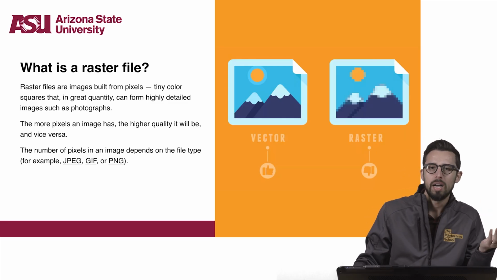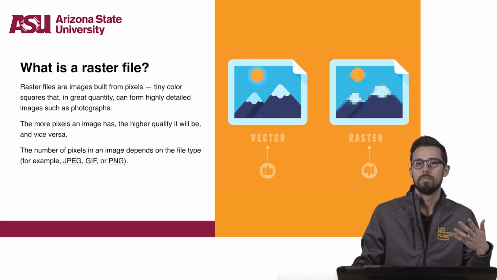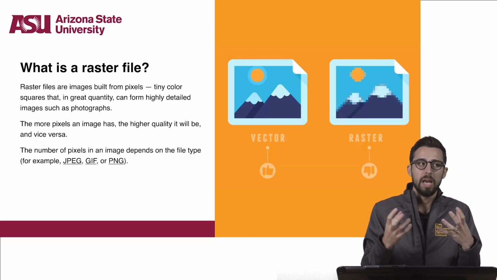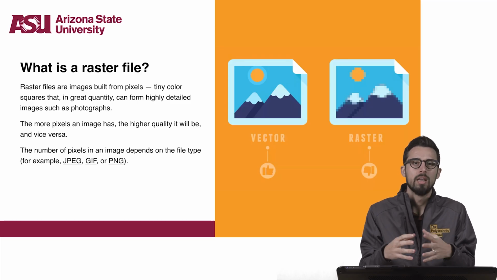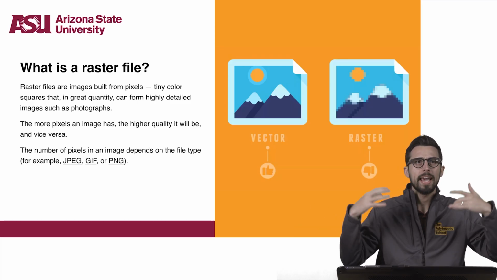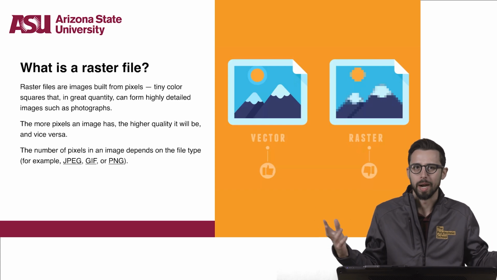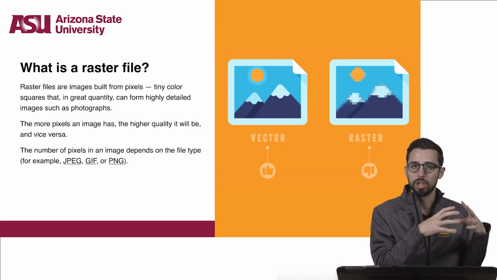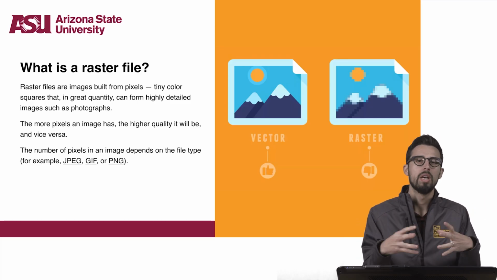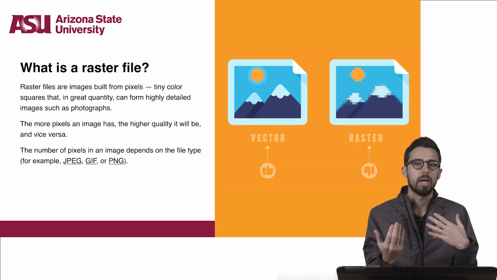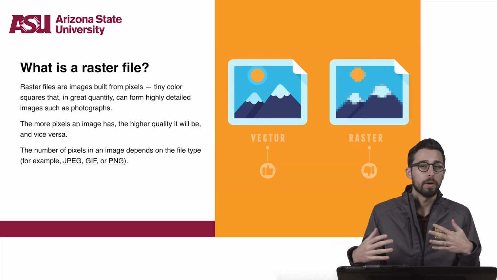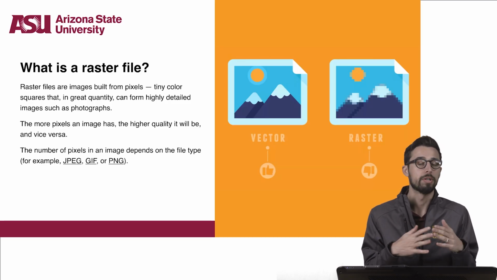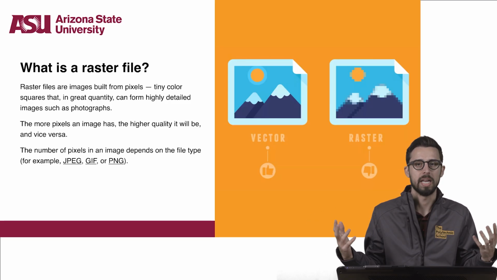However, because a raster file has pixels, and that pixel number is fixed, meaning that you can't create more pixels from nowhere, raster images can sometimes, depending on their sort of origin size or how much they've been reduced, become a bit distorted, blurry, or even pixelated when resized to fill, per se, a larger or smaller space.